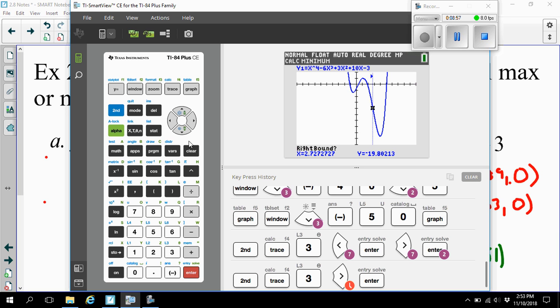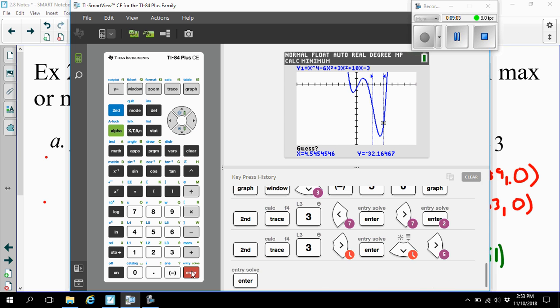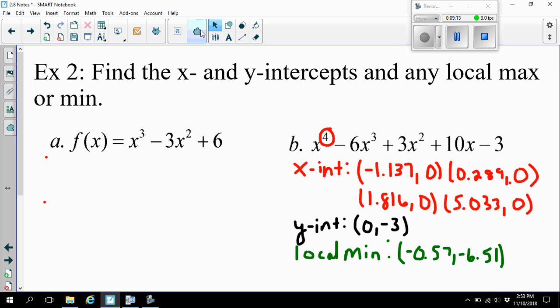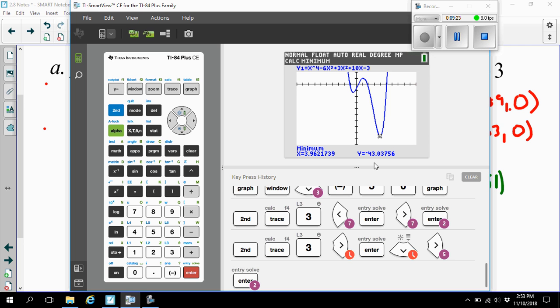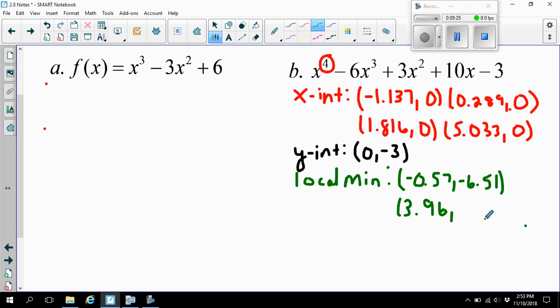So I press enter, then I go over to the right bound. There we go. Press enter and press enter one more time. Here our function is at 3.96 and then -43.04. So I'll scroll down here. We have 3.96 and then our y value is -43.04.